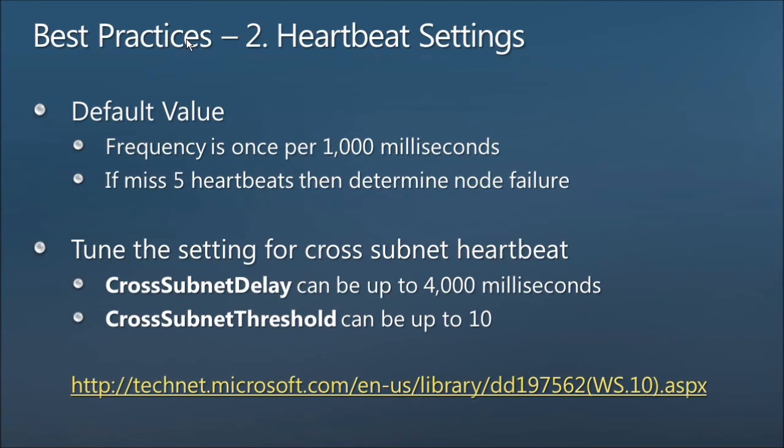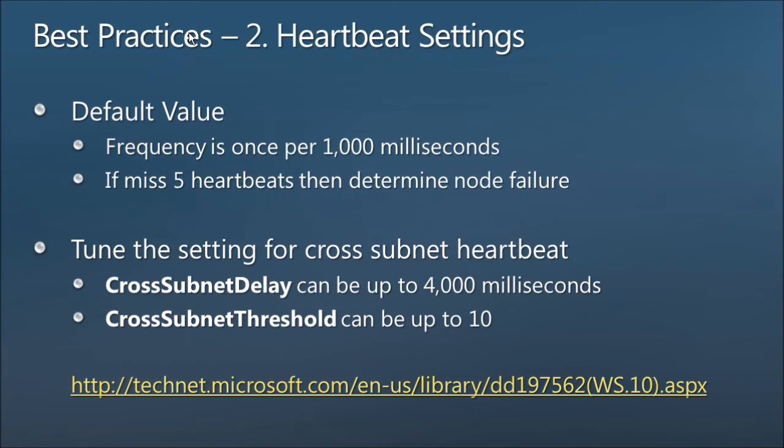If Windows cluster cannot detect 5 heartbeats from a node, it will determine that the node is down. If you have a bad network condition between your 2 data centers, a network glitch can cause you to lose all the remote nodes.